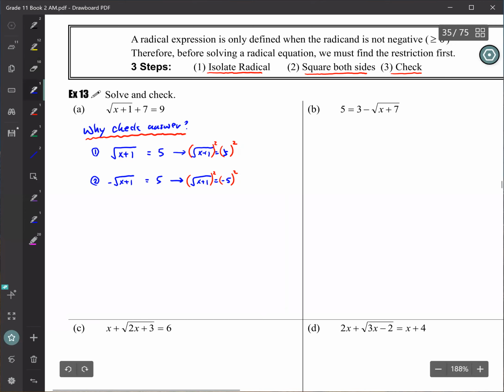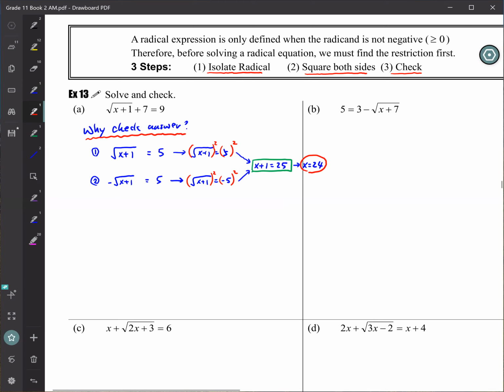You can see that both of them become the same equation, this one in green. If I continue to solve this one, x will equal 24. Then that will be our answer.